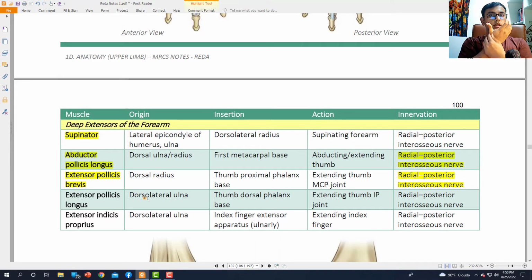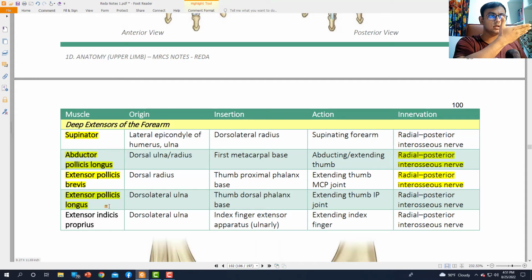Extensor pollicis longus and brevis are present here, and they help in abduction of the thumb. Now the extensor pollicis longus is a long muscle which is prominent here; when I extend my thumb, there is a prominence of a muscle, which is called extensor pollicis longus.